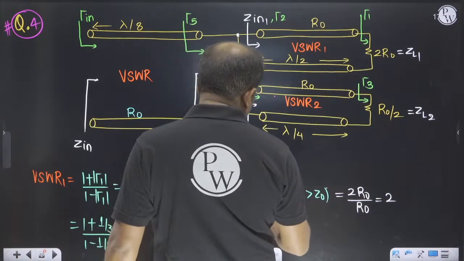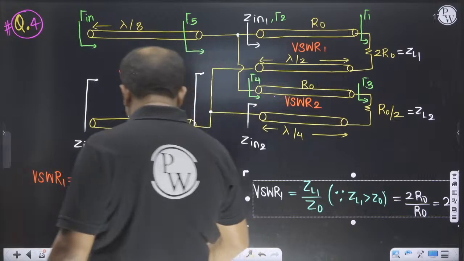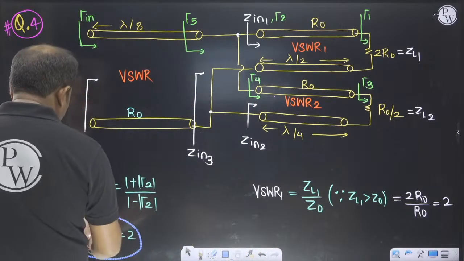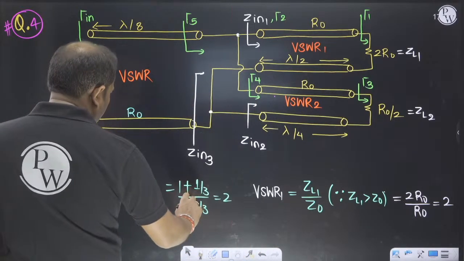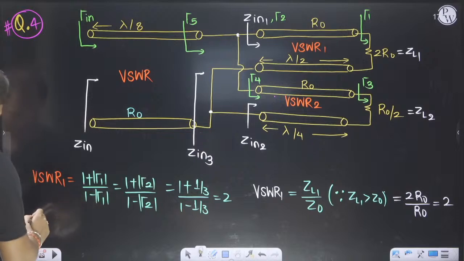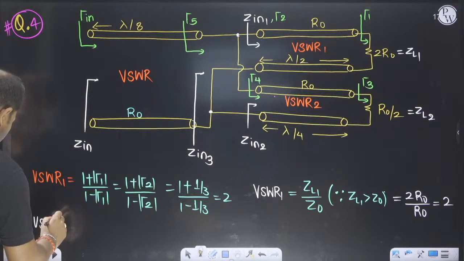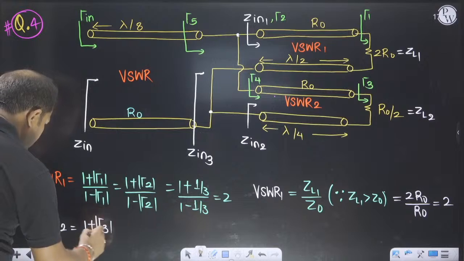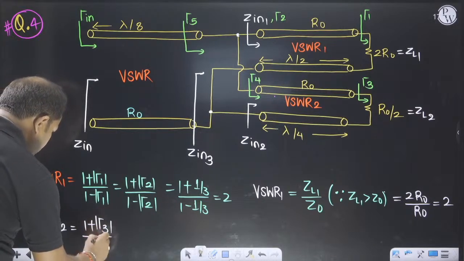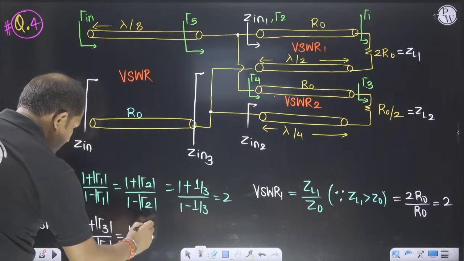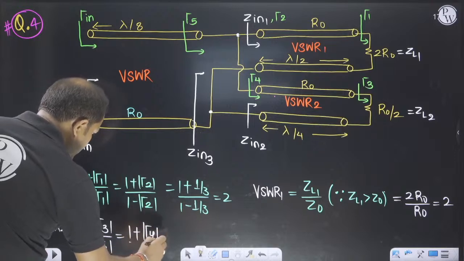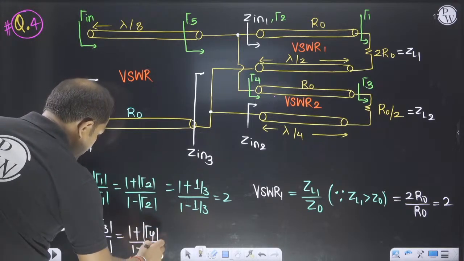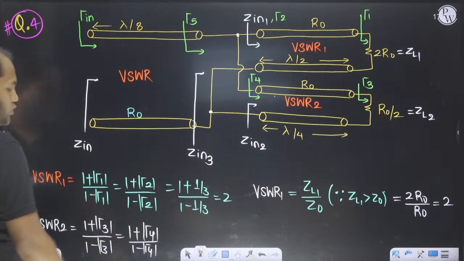Yes, sir. So these are very, very important points. You can write it down. Then we have gamma 2. Similarly, for VSWR2 we have gamma 3 and gamma 4. In terms of gamma 4, what will it be?